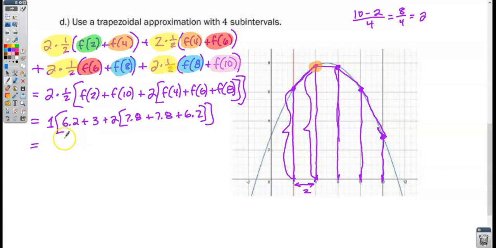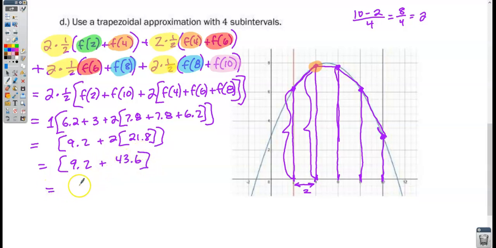And so I'm going to have, let's see, 9.2 plus 2 times, and that's 15.6, 21.8. And so that's going to turn into 9.2 plus 43.6. And our approximation using the trapezoidal rule is 52.8.